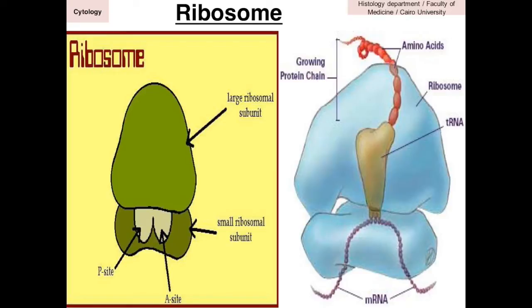At one end it is joining an amino acid, and in the other end it has the anticodon, which is pairing with a certain sequence of nitrogenous bases in the messenger RNA. As the ribosome moves along the messenger RNA, translation takes place with the formation of the polypeptide chain.